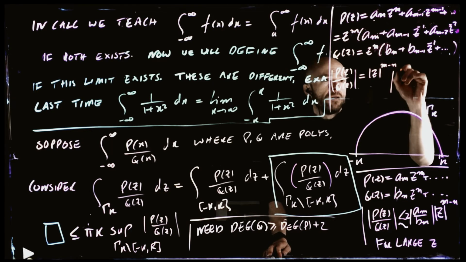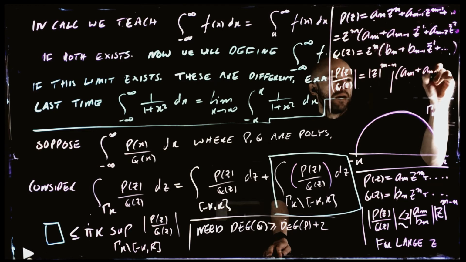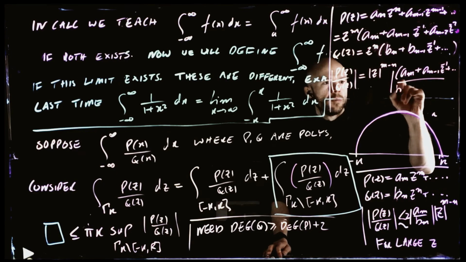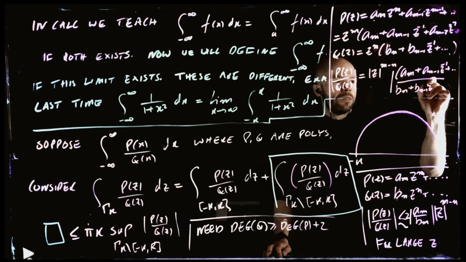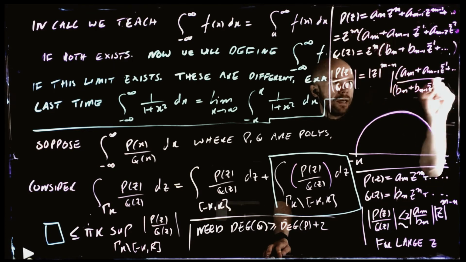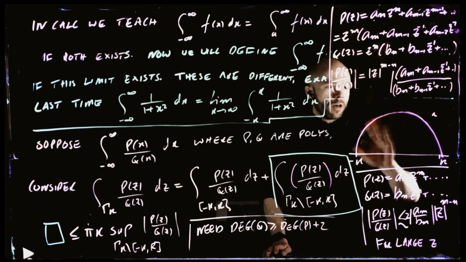So the absolute value of am plus am minus 1 z to the minus 1 plus dot dot dot over bn plus bn minus 1 z to the minus 1 plus dot dot dot, like this, right? Like this. Then what?